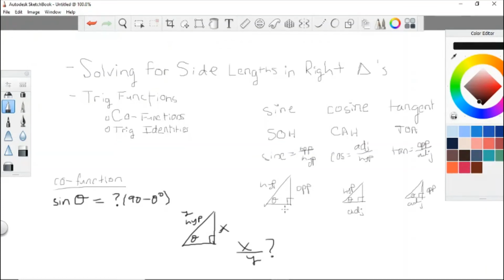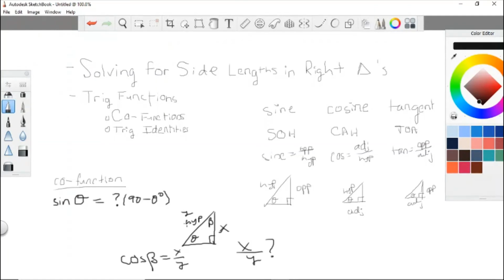Well, we know that cosine is adjacent over hypotenuse. And what is the angle that's adjacent to the side length x? Would be this. We'll just call this beta. So cosine of beta is equal to x over y.